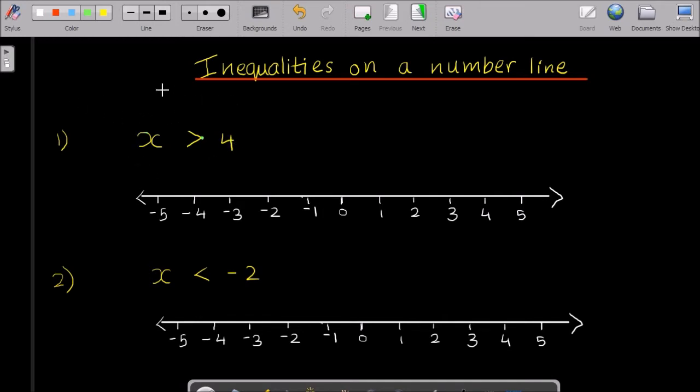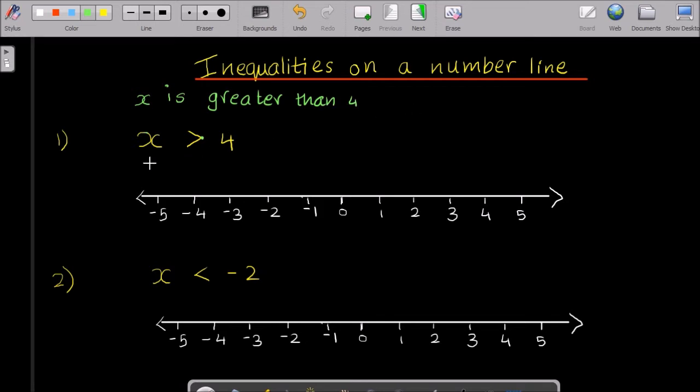So I can write this inequality in two different ways in terms of words. If I'm reading it from left to right, I can say x is greater than 4.